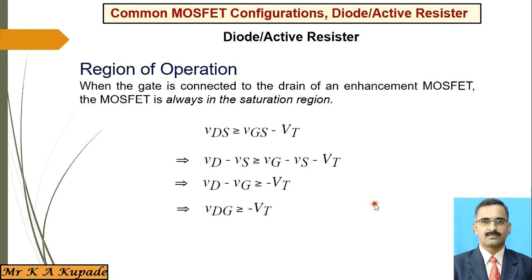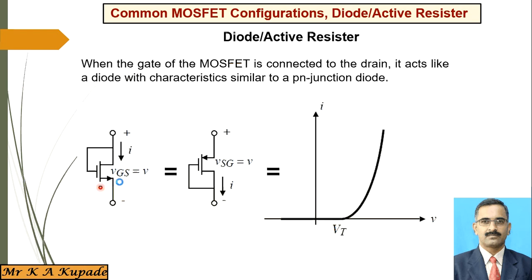Now when the gate is connected to the drain of the enhancement MOSFET, the MOSFET is always in the saturation region, because that positive voltage is connected. Don't get confused here: this is your n channel, this is your p channel, but you are shorting this to the positive voltage.